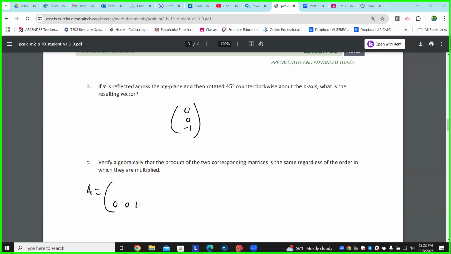Now, if I know the third row is 0, 0, 1, what do I know about the third column? It's 0, 0, 1. Now, to figure out these two missing, this is when I plug in our 2 by 2 transformation matrix into the 3 by 3.